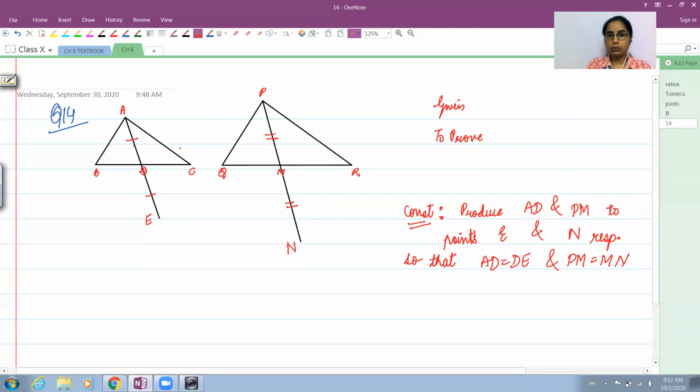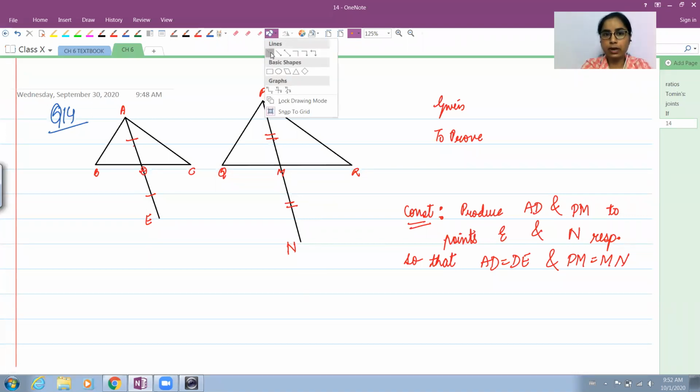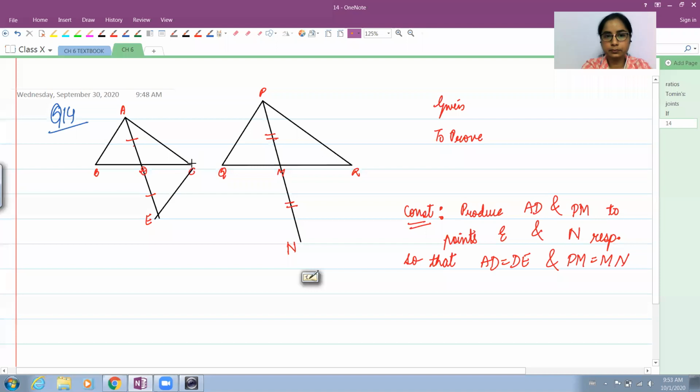I want to join E with C and N with R, completing the triangles on the other side. And then you can write this down here.